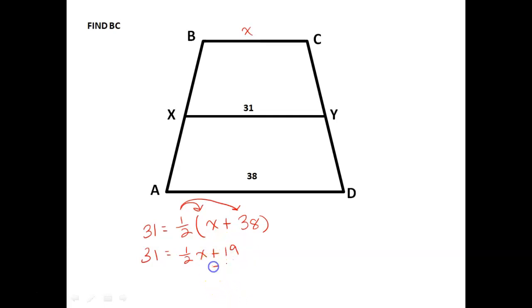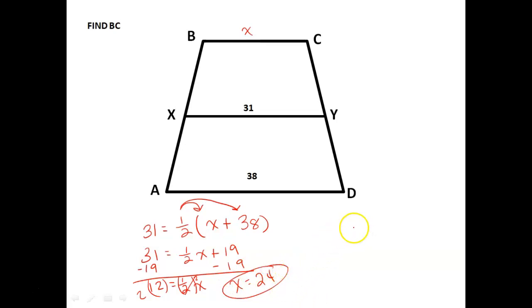And then you would subtract 19 from both sides. 31 minus 19 is 12 equals 1/2 X. And then you would multiply both sides by 2 to solve for X, and X is 24.